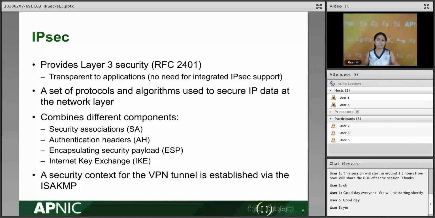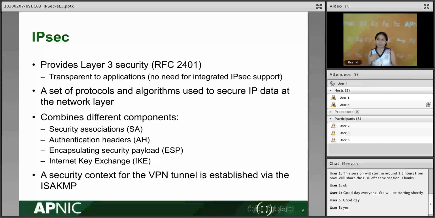So it's kind of beyond the users, only on layer 3. So it's transparent to applications and there is no need to have any IPsec integration, so to speak. There is on your routers, on the network devices that you're going to use, but not on the application side.